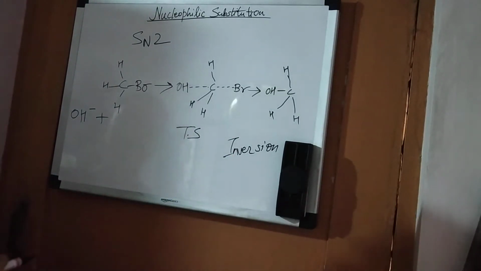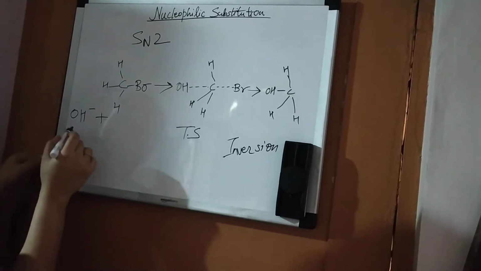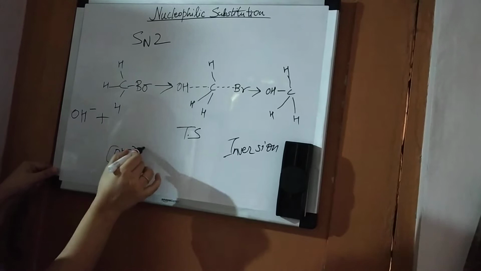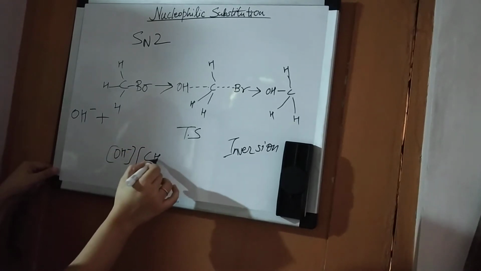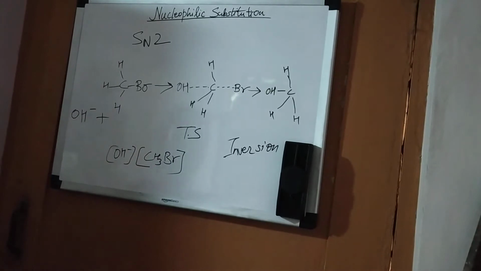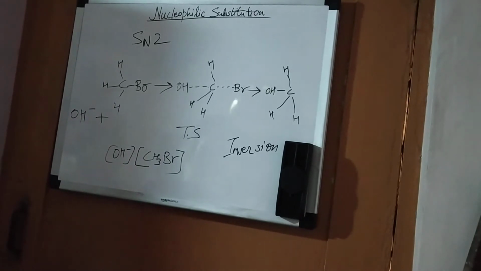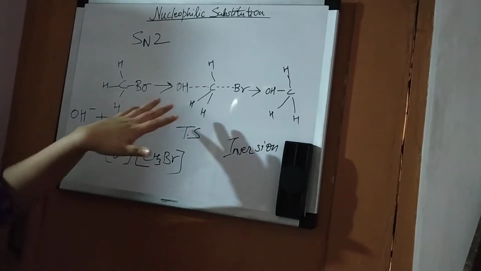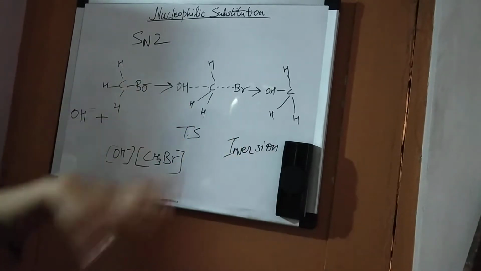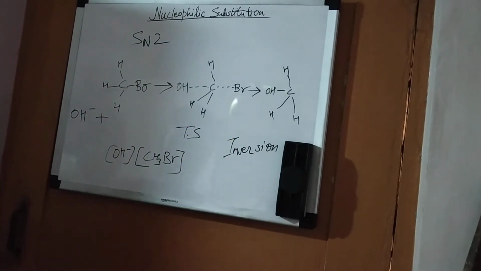The rate of the reaction depends on the concentration of OH negative and also on the alkyl halide CH3Br. That's why this is called SN2, a bimolecular reaction. Because this reaction happens in one step, if the alkyl group is primary, the reaction will be favored.